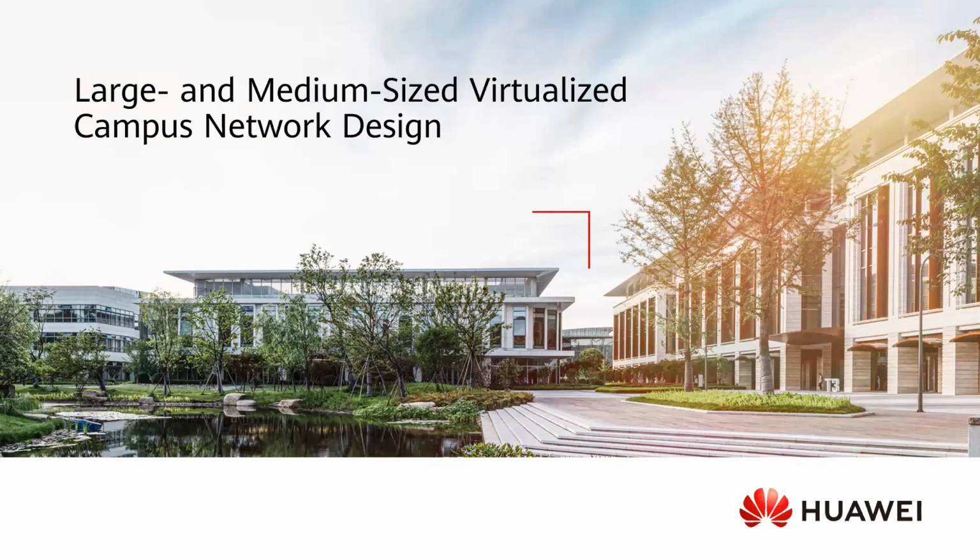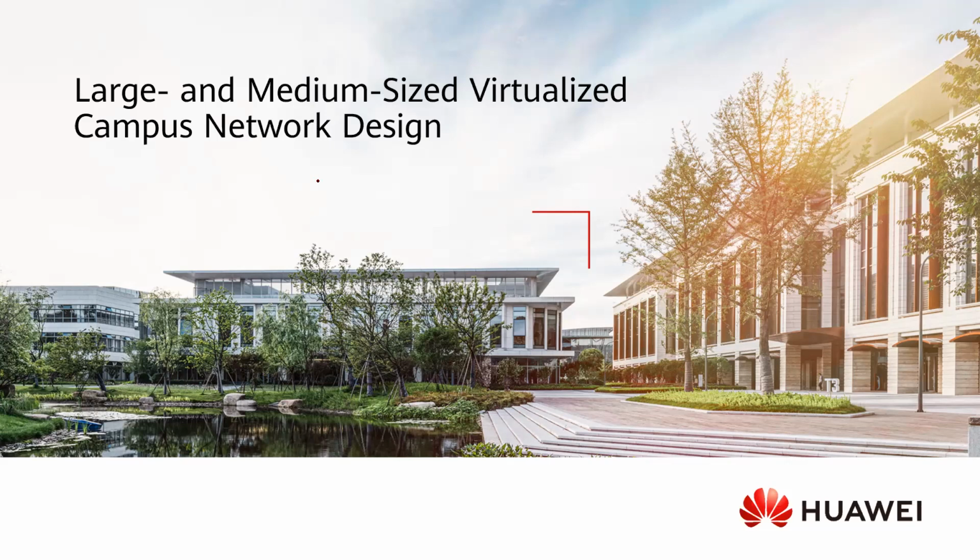First is the traditional campus network. The other two are based on the cloud campus solution. One is the large and medium-sized virtualized campus network, and the other is the small and medium-sized cloud managed campus network design.